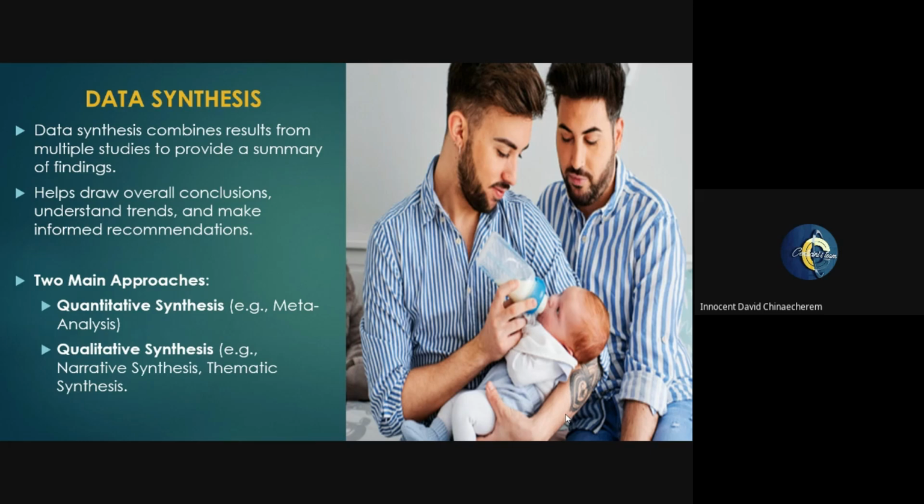Then we can come up with an overall conclusion that we've observed while going through some of these papers. So it's also applicable to any other type of research question that you come up with. The two main approaches here are the quantitative and qualitative. When we talk about quantitative synthesis, we are talking about a meta-analysis.